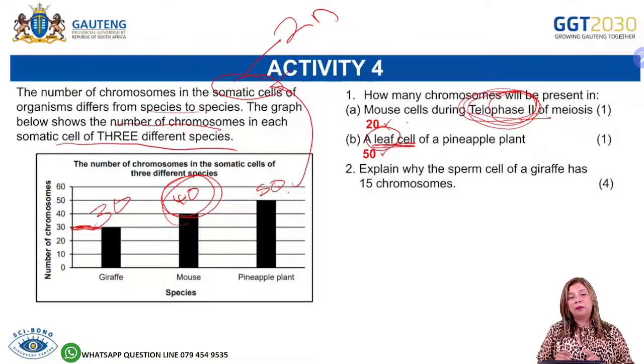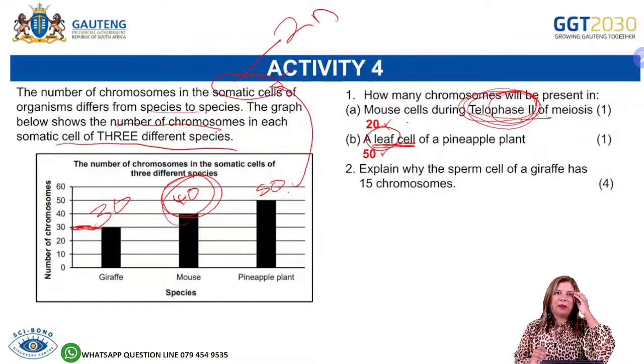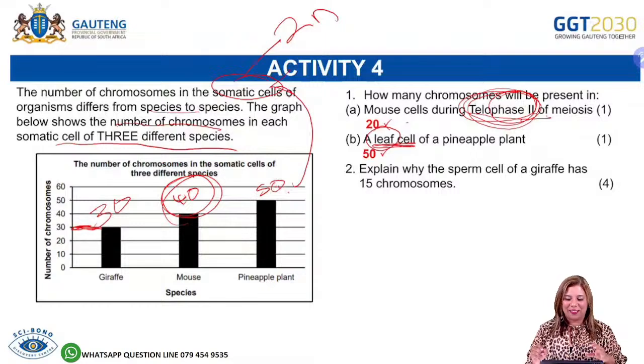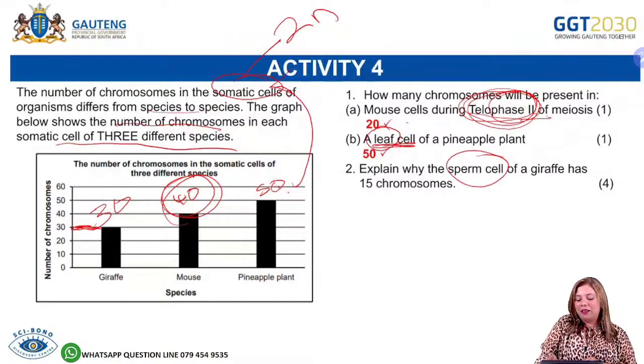Explain why the sperm cell of the giraffe has 15 chromosomes. Already when I see sperm cell, in my mind it's saying gametes, gametes, gametes. So I already know it must be haploid. They're spot on, because the giraffe has 30 chromosomes, but the sperm cell has 15.